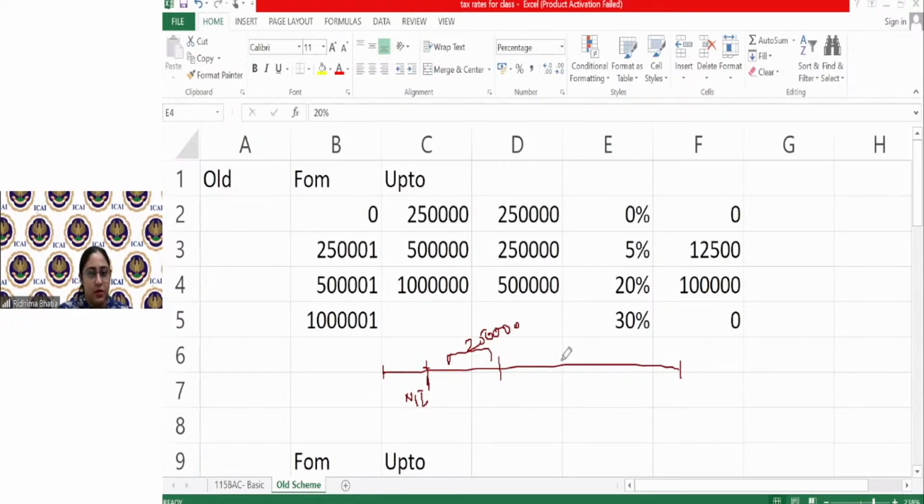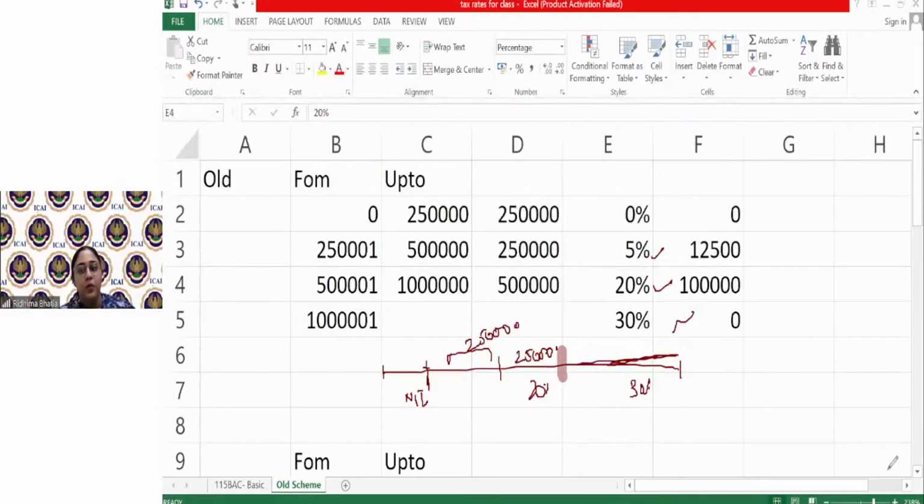On the next 250, 20%, and above 30%. Okay. So the first 2,50,000, 0. 2,50,000 to 5 lakh, 5%. 5 lakh to 10 lakh, 20%. And 10 lakh above, 30.